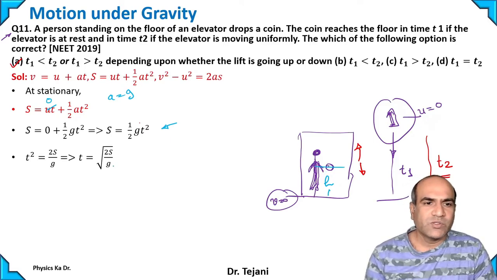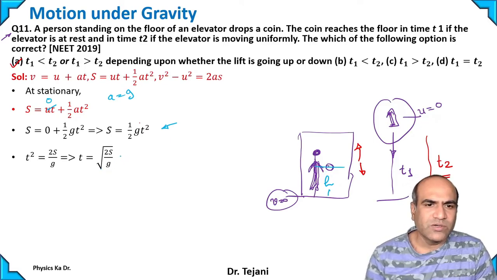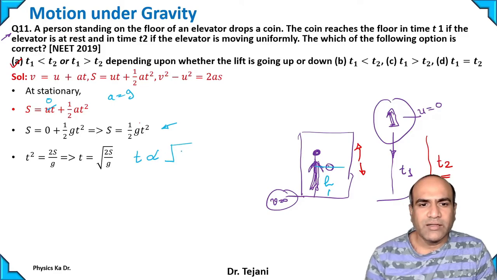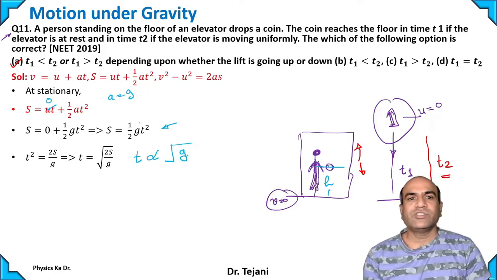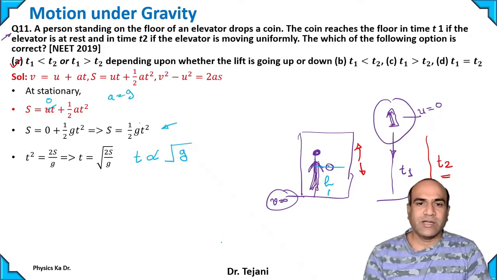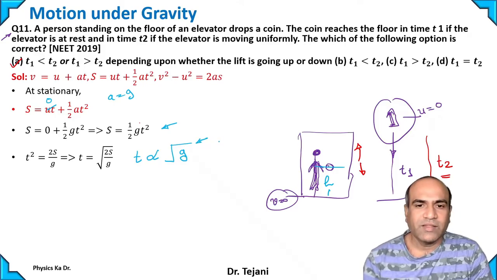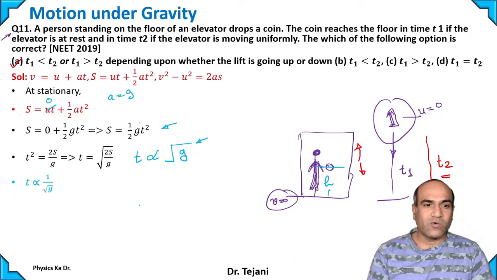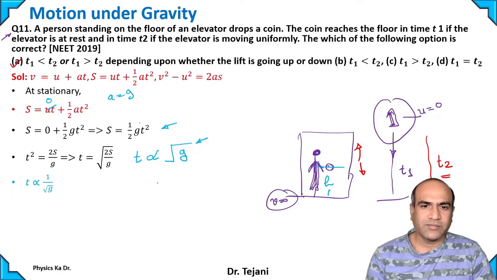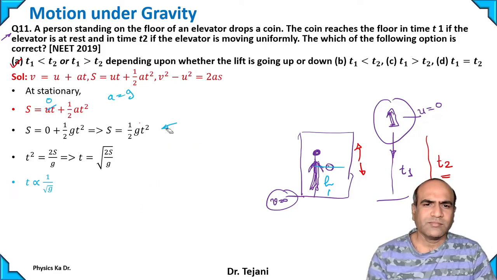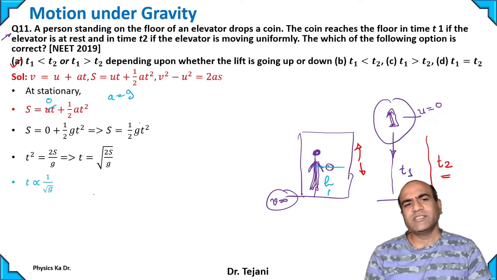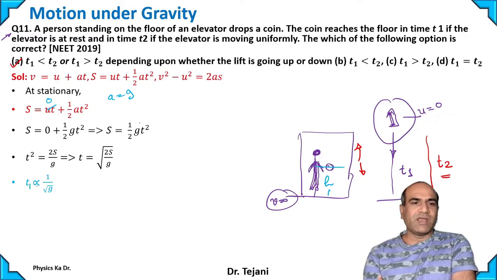So we can have t equal to under root 2s by g. So this is for the stationary condition, that is T1.